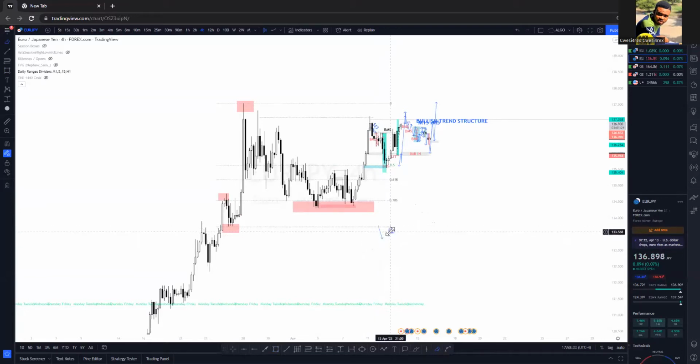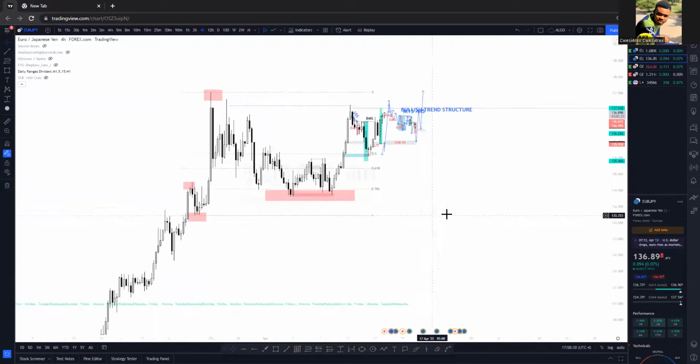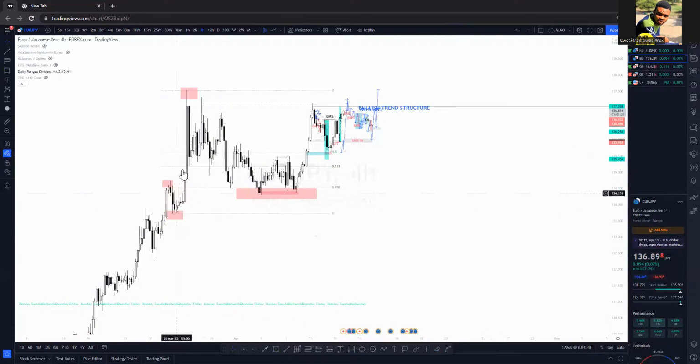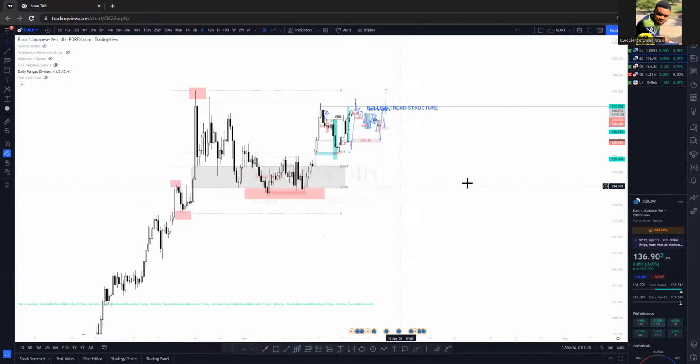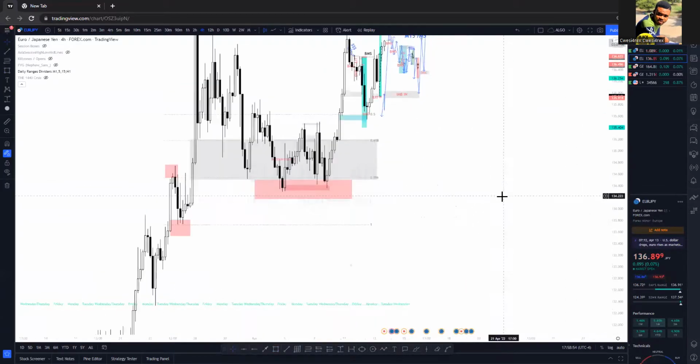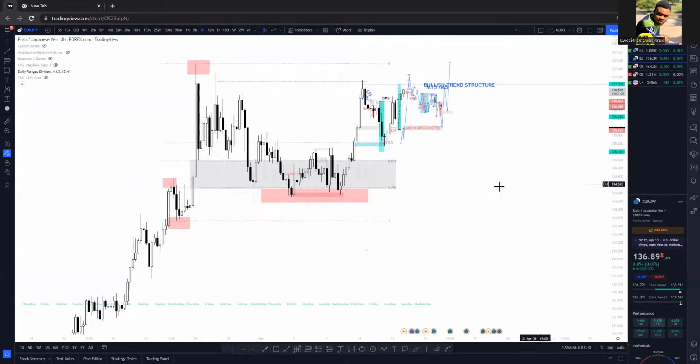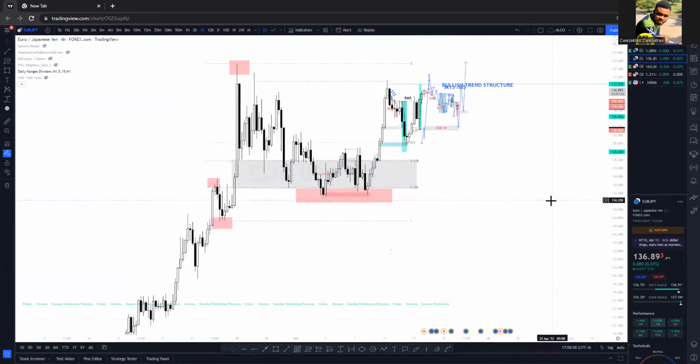Okay. So we are going to use our discounted fib from this low to this high. Right now, we'll mark this place as our discounted price, right? This place is where we are going to mark. Then what do we need to do?